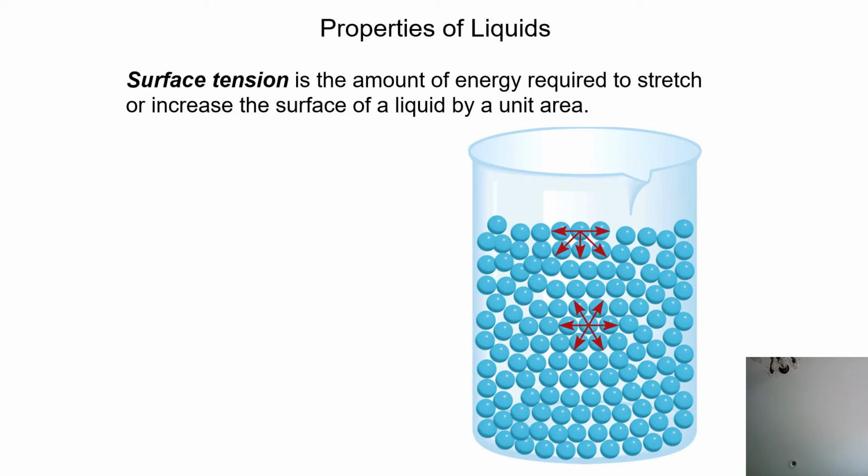But surface tension is the amount of energy required to stretch or increase the surface of a liquid by a unit area. If you look at this beaker, it has water molecules in it, and we can envision this water molecule. It has water molecules surrounding it completely, so it's really rather stationary here in the center.